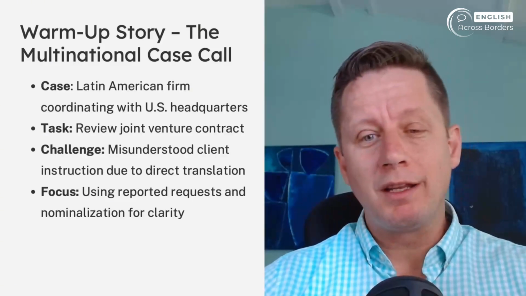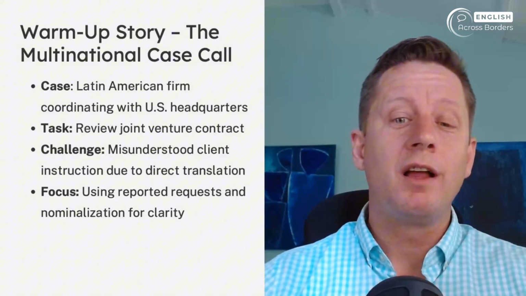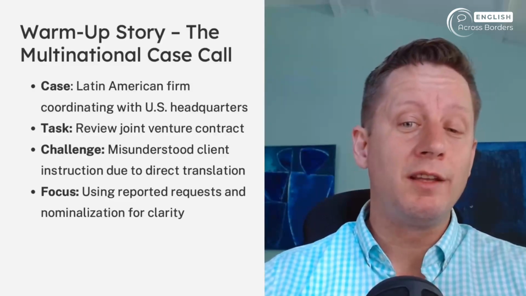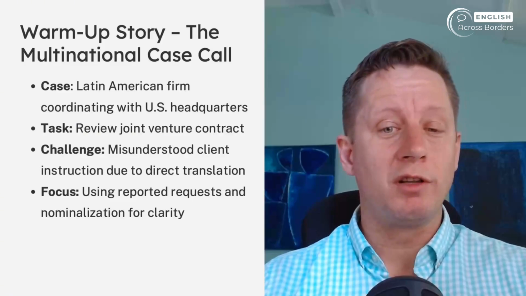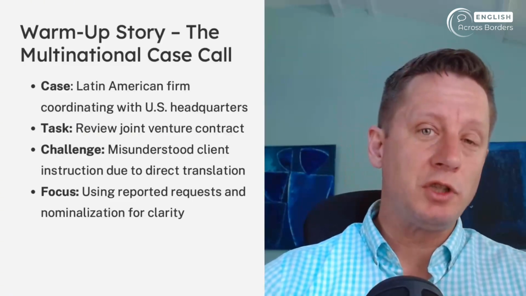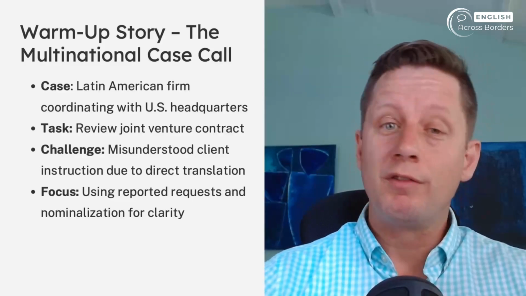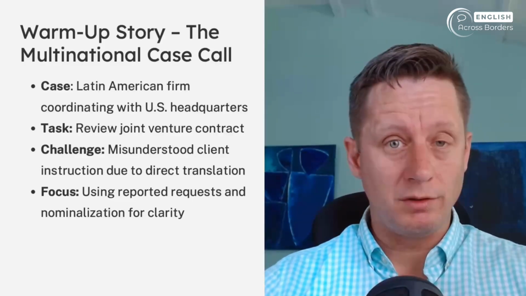In the next meeting, the partner clarifies the message more diplomatically. "The client requested that we consider removing the arbitration clause and replacing it with mediation." That subtle shift, using reported speech, changes the tone from direct to professional.